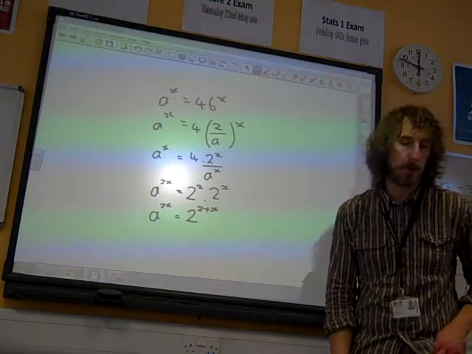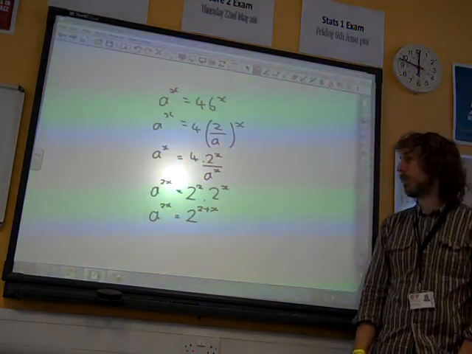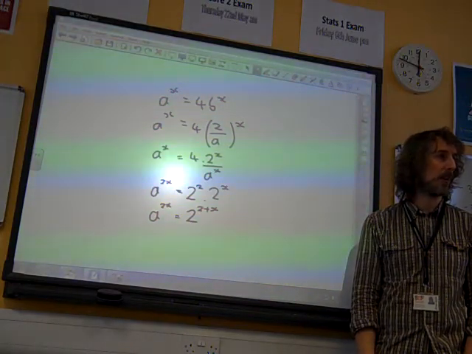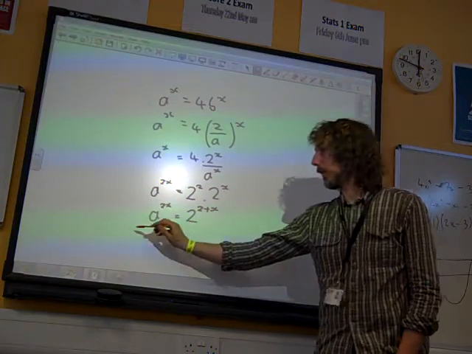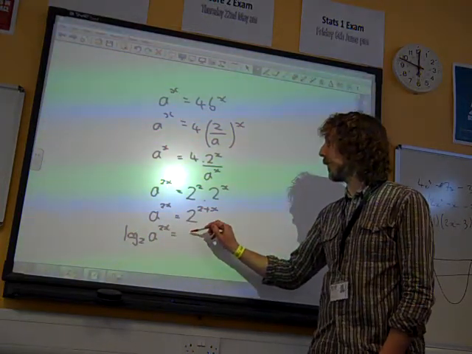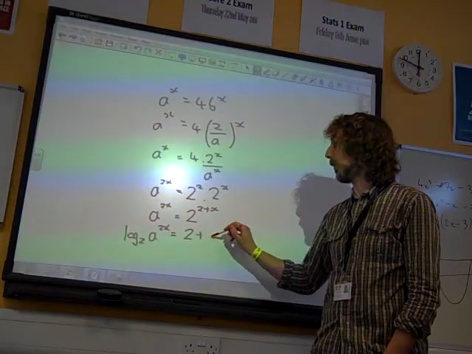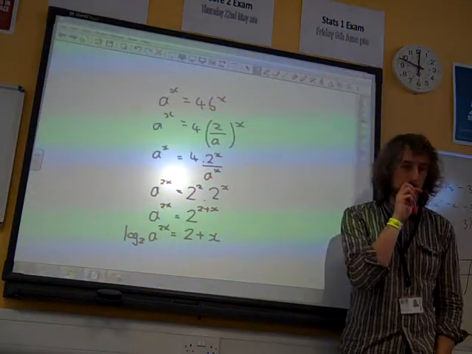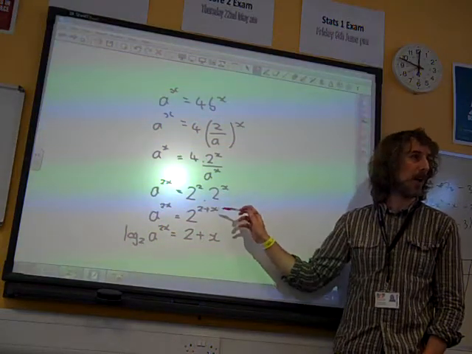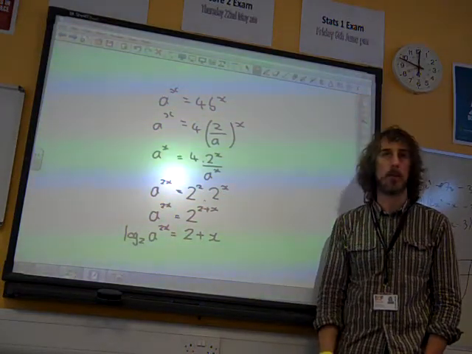At which point I thought it might be nice to bring in my log base 2 now. So if I take log base 2 of both sides, I get log base 2 of a to the 2x equals 2 plus x, because log base 2 of 2 to the 2 plus x is just 2 plus x.